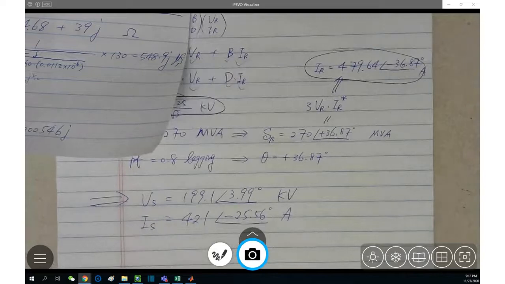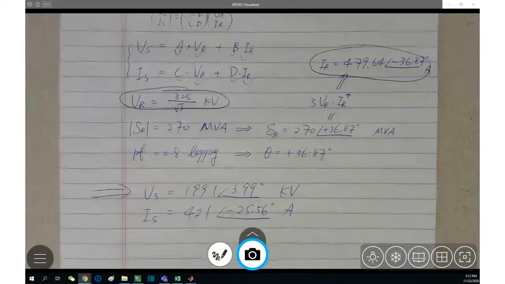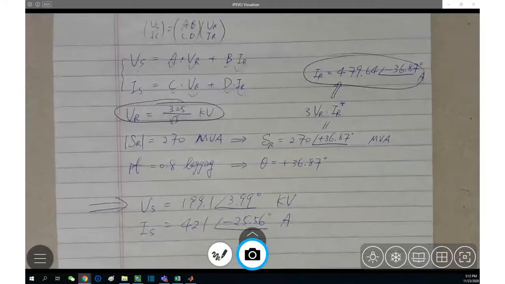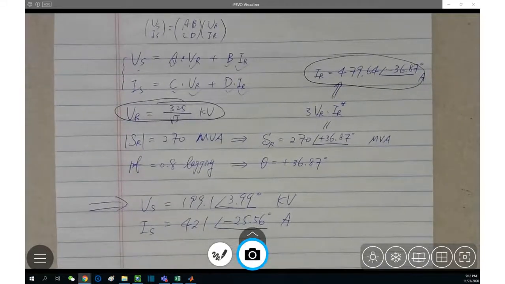Yeah, the algebra is intensive, but it is what it is. This is VS and IS.